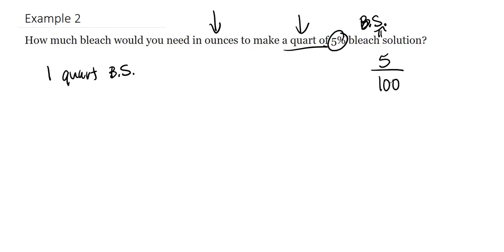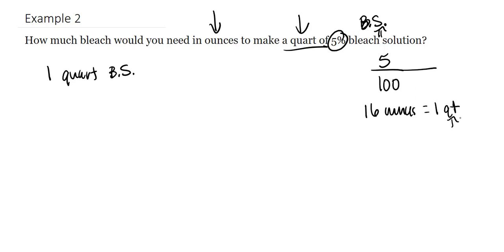So we need 5% of a bleach solution, and 5 over 100 is probably going to be something we need in this problem. What else do we know? We also know we have 16 ounces, and that is equal to a quart.